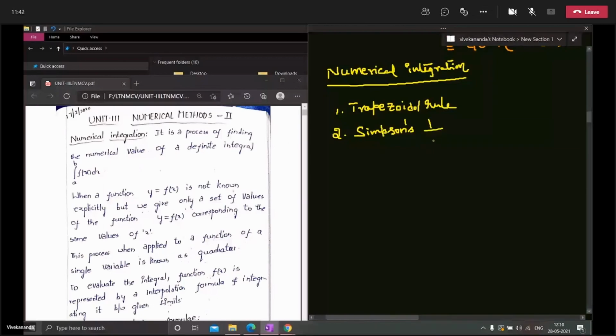And the third one, Simpson's 3/8 rule. These three today I will cover.